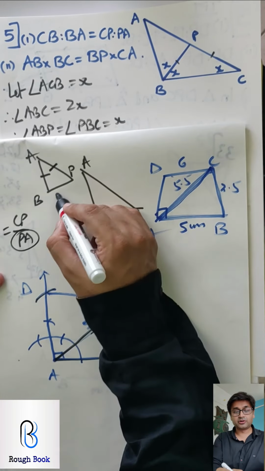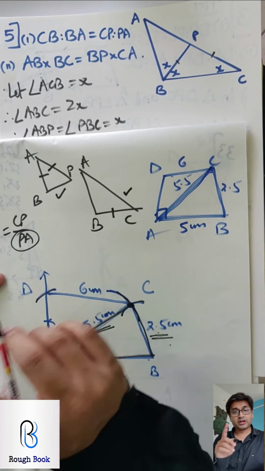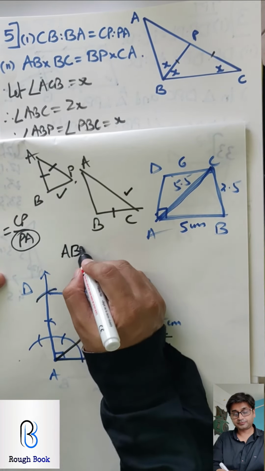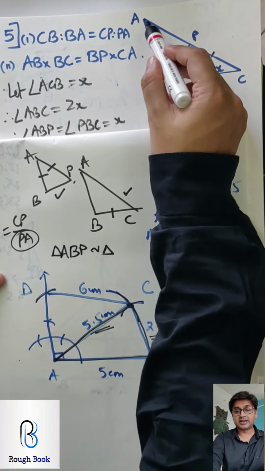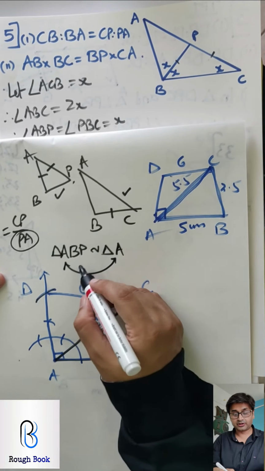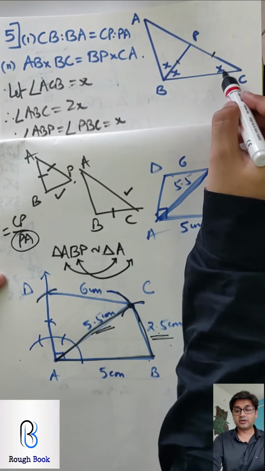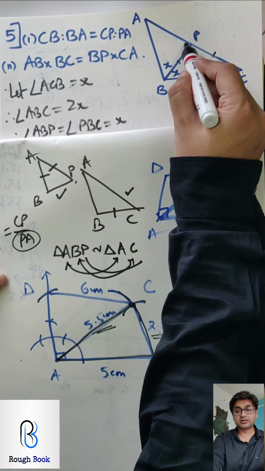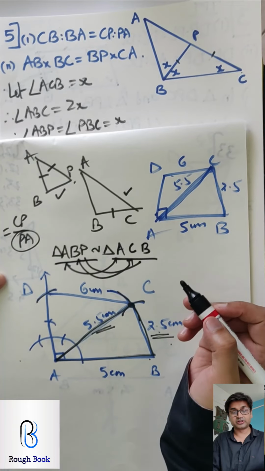So basically what we are going to do is we'll take these two triangles, prove both the triangles similar. Once you prove them similar, how will you write one-to-one correspondence? ABP similar to, now for the big triangle, A is the common angle, so in the place of A, one-to-one correspondence. For B, which is x, in the big triangle, what is x is C. And for P, which is the third angle, for the big triangle, the third angle is B. So here you got one-to-one correspondence.